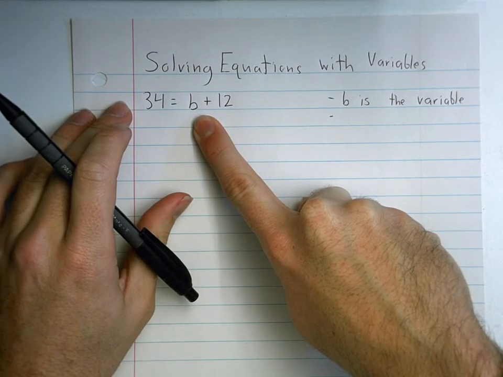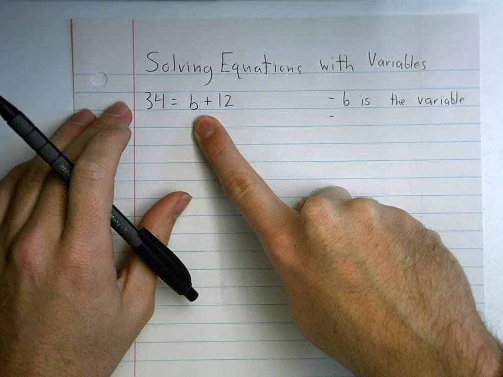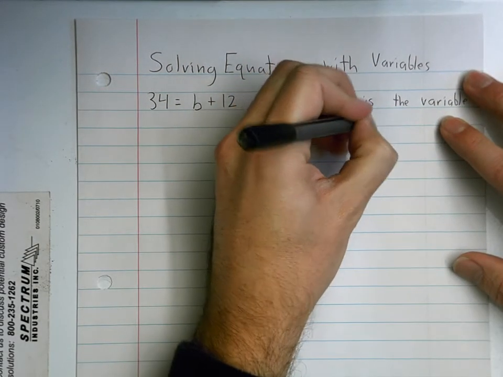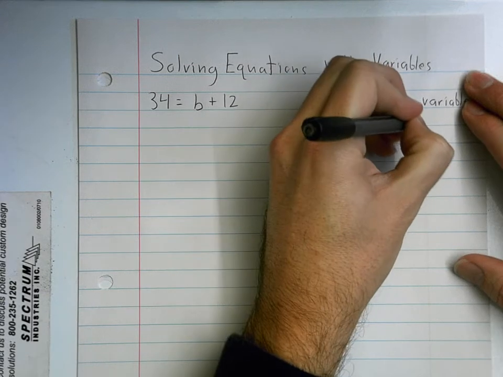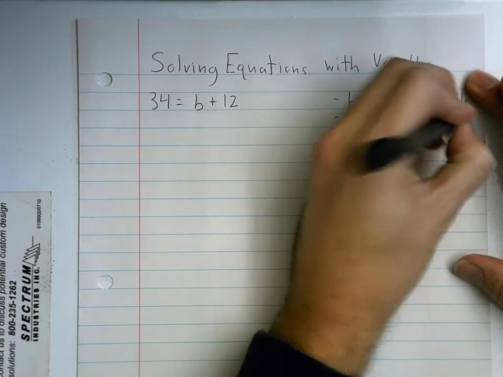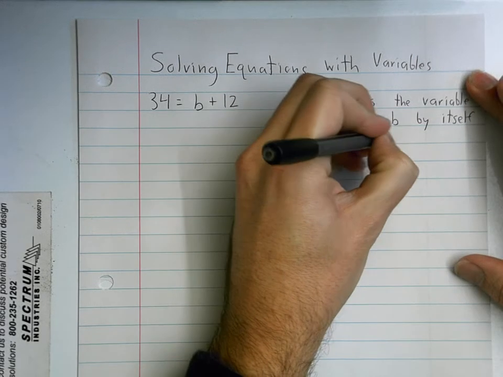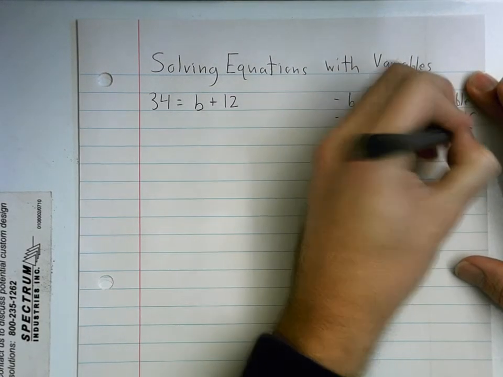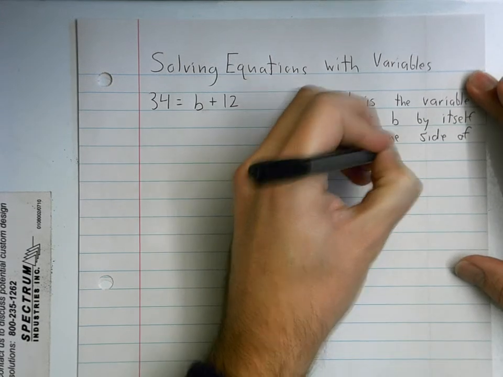That's what I want to do. When I do that, I will find out what b is. So I want to get b by itself on one side of the equation.